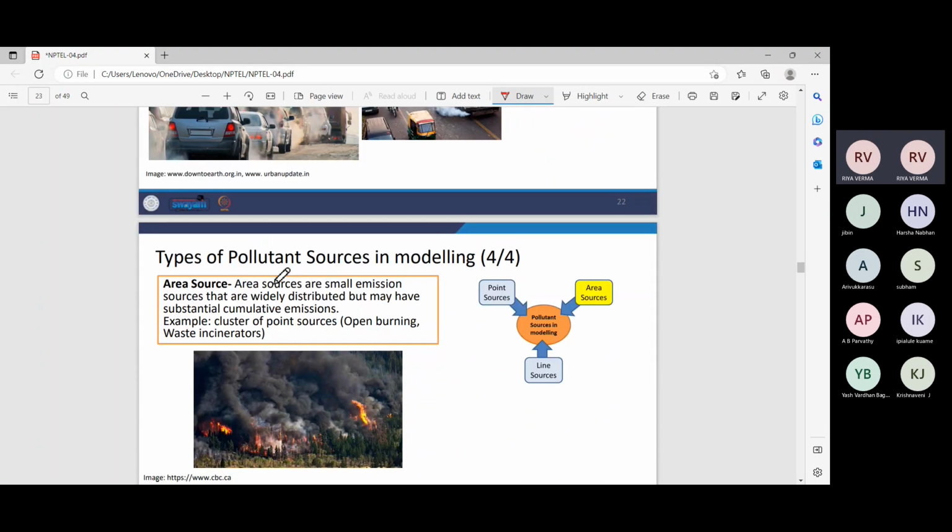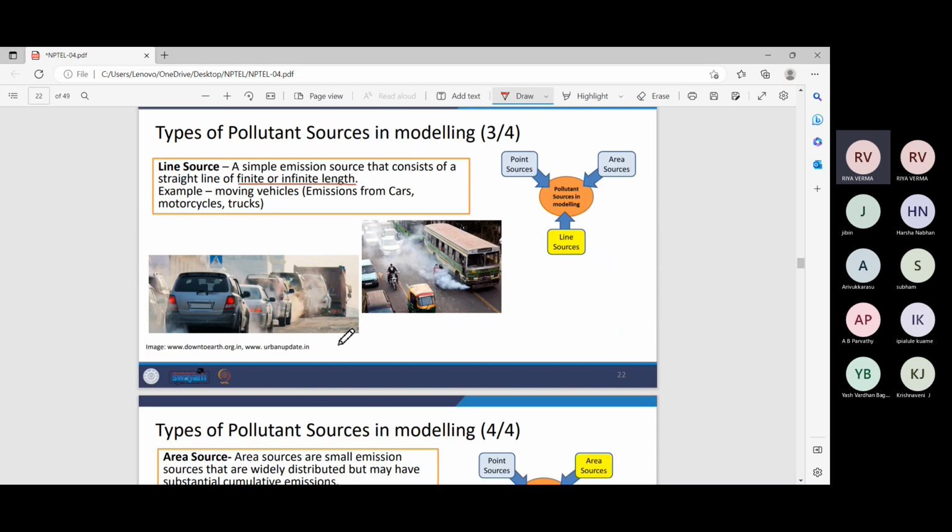Now, next, your area source. Area sources are small emission sources that are widely distributed but may have substantial cumulative emissions. For example, a cluster of point sources will act as an area source. Common examples are open burning, forest fires, or waste incinerators. These act as area sources.